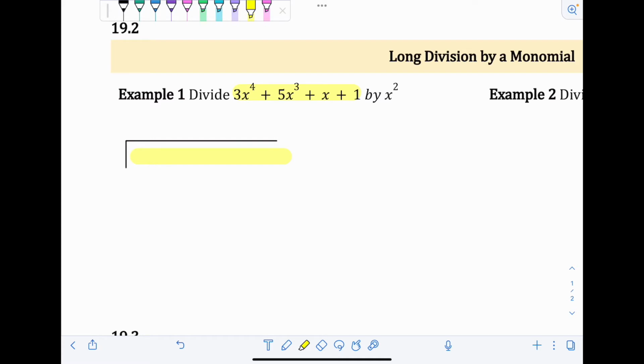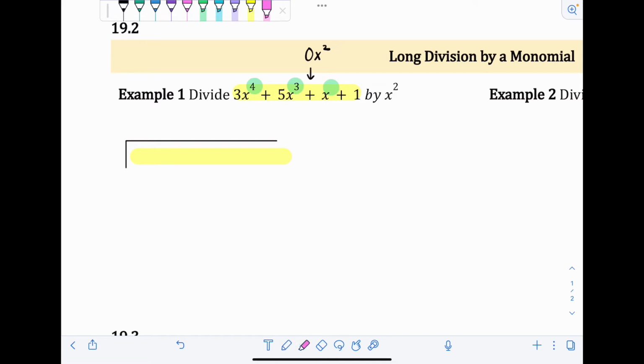If you ever skip a power of x or a constant, you have to put in a 0 as a placeholder. So we go from 4 to 3 and then we go to the first power, so I would have to put a placeholder in between those two. I'll put a 0x squared, since there's no x squared term. You would also have to put a 0 at the end if there was no constant.